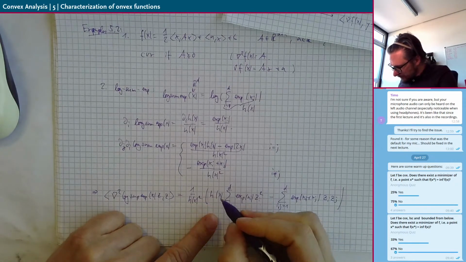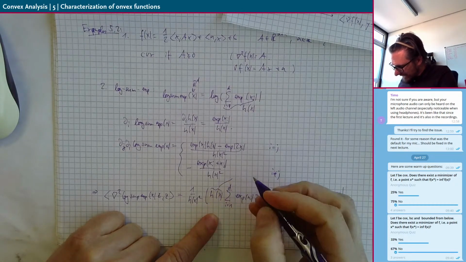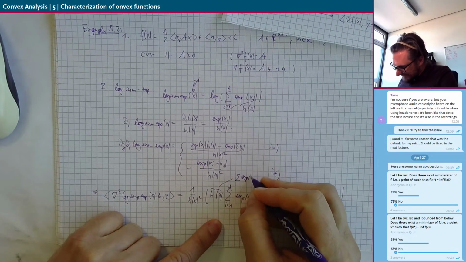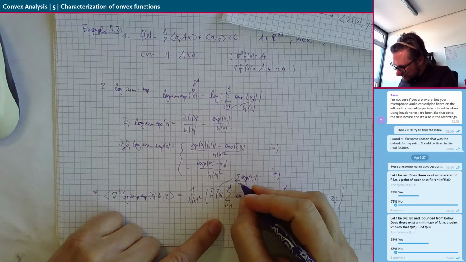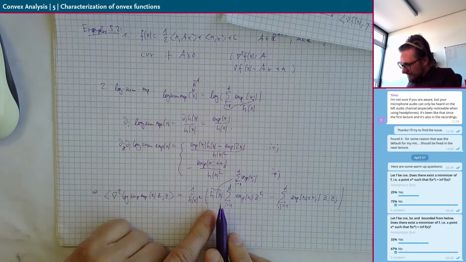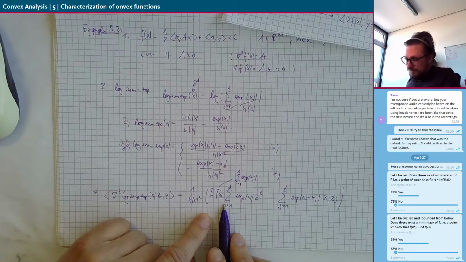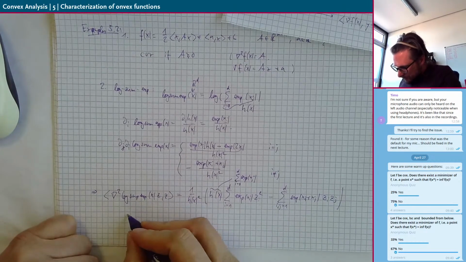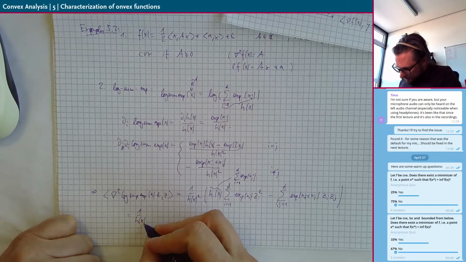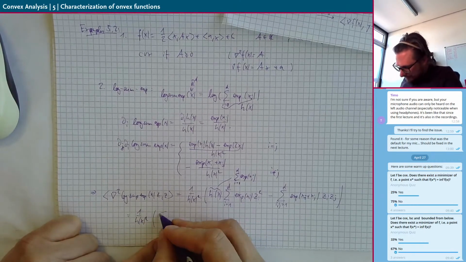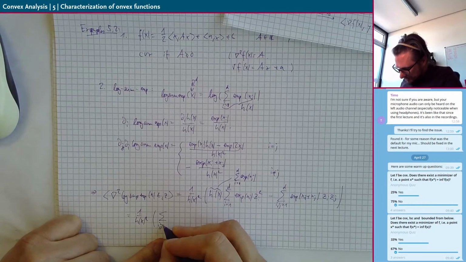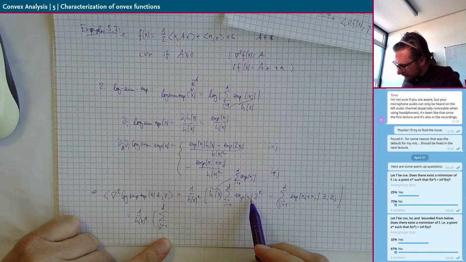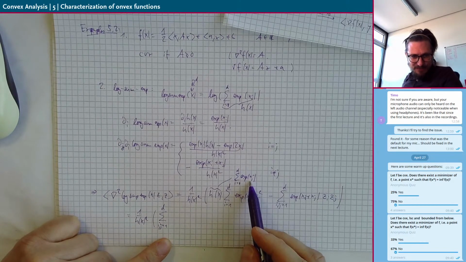Then we use that we know what h of x is. H of x is just the sum of exp of xj, for example, j from 1 to d. And so we have a double sum here too. It doesn't look like it, but it's actually a double sum. So this is a double sum, that's also a double sum, so we can rewrite this as the double sum with i and j going from 1 to d, and we have exp of xi times exp of xj.